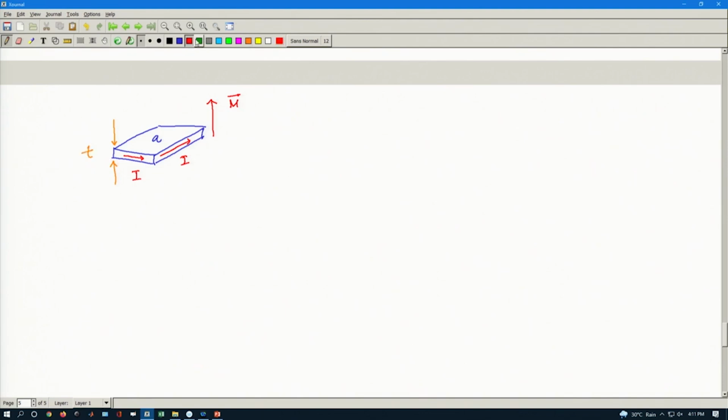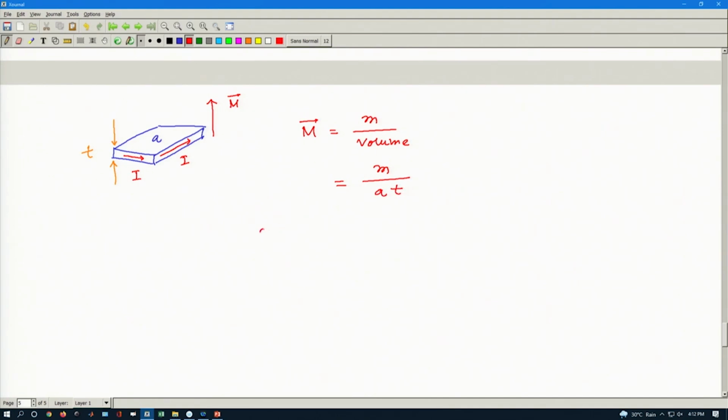So, the magnetization is how much? This is the magnetic dipole moment m divided by the volume. So, if A is the area, then A into T thickness is my volume.